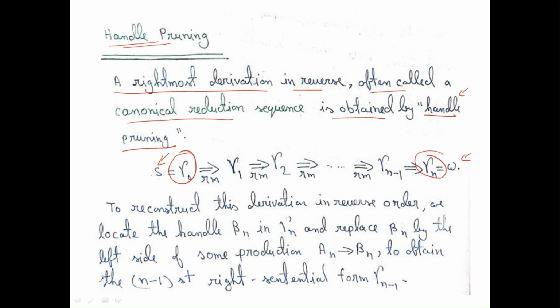From gamma 0 to gamma 1 in rightmost derivation, and here also in rightmost derivation.